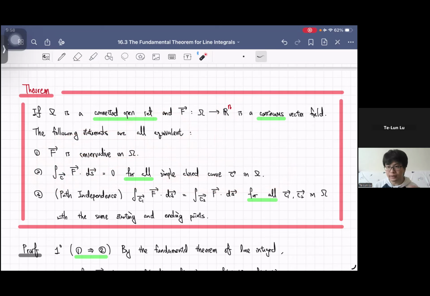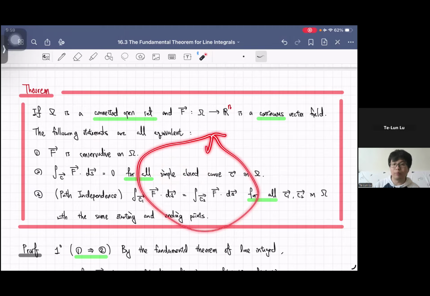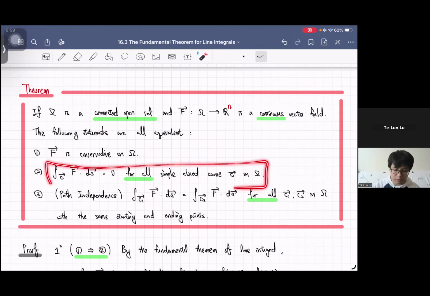So let us recall this terminology. Simple basically means that your curve does not have any intersection. And closed basically means that you have the same starting and ending point. So it looks like a loop like this. This will be a simple closed curve. So the second property claims that the line integral of this vector field always vanishes on closed curves.